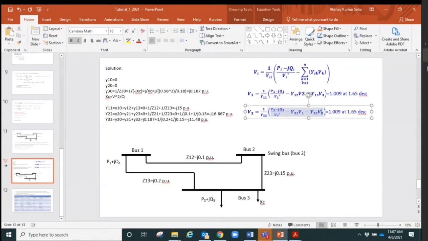So k is equal to 2, we put that, and then for Y33, it won't be there because i would become equal to k, so we can say it's complete. So what should be the value of V3?